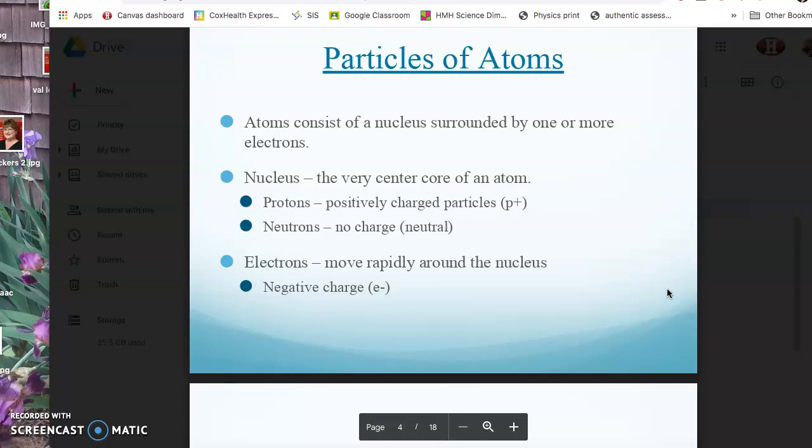Now, neutrons can be a little tricky because people start thinking neutrons and they start wanting to go negative with them. Neutrons are actually neutral, they have no charge at all. Electrons are on the outside of the nucleus and they're moving around really fast outside of the nucleus, and they have a negative charge. Negative charge.